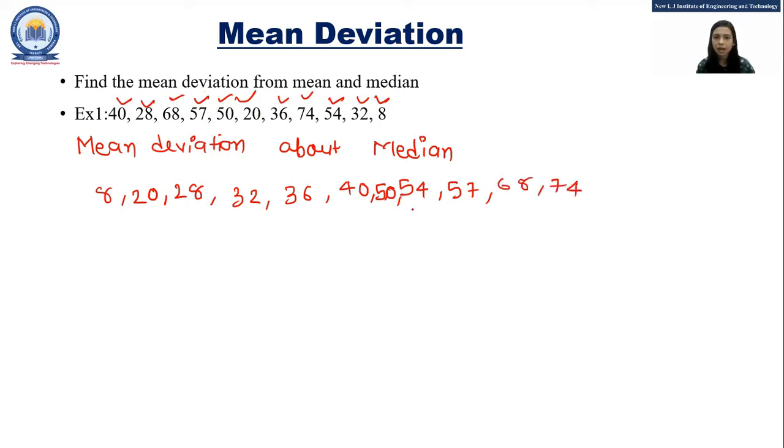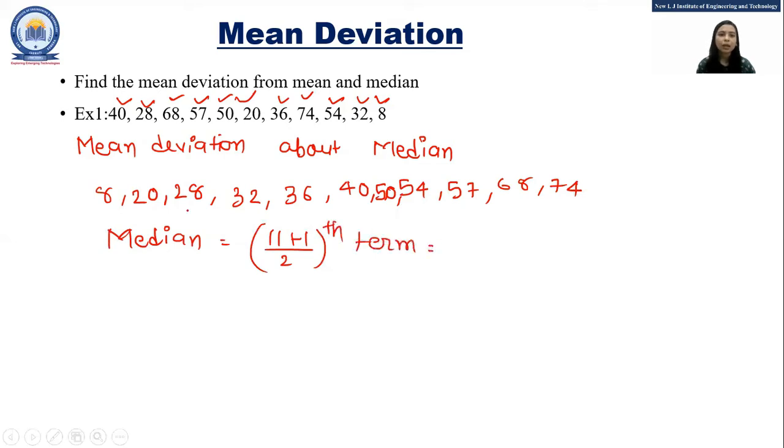The number of observations is 11. The median is the (11 plus 1) divided by 2th term, because the number of observations is odd. That is the 6th term: first, second, third, fourth, fifth and sixth. So the median is nothing but the 6th term, which is equal to 40.